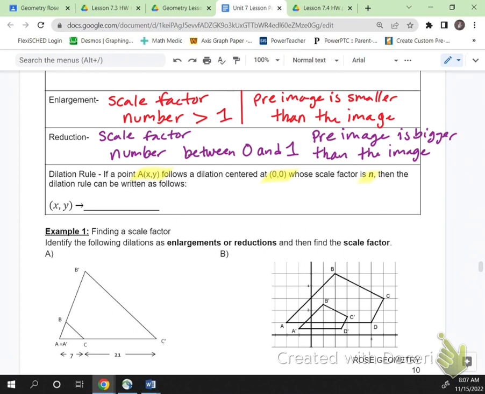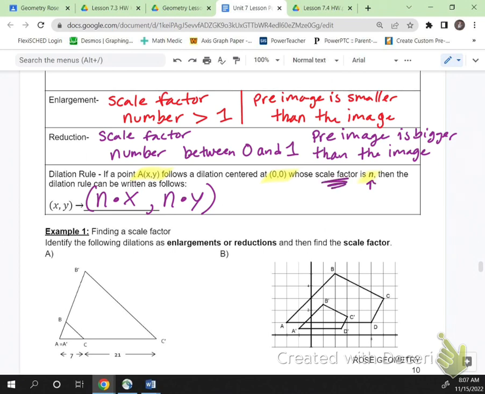The dilation rule can be written as follows. It's going to be n times your x, n times your y. And the two numbers are always going to be the same. We're always going to be dilating x and y by the same scale factor. Again, n is the scale factor.